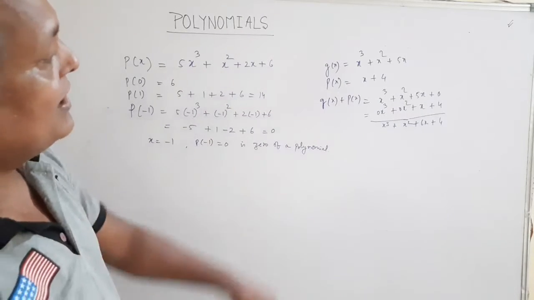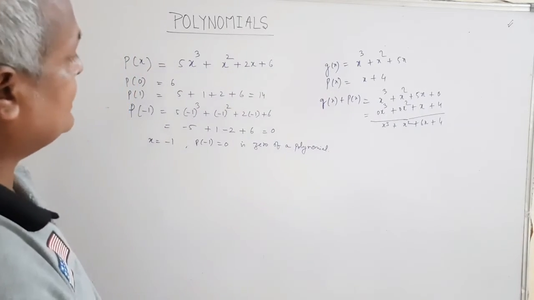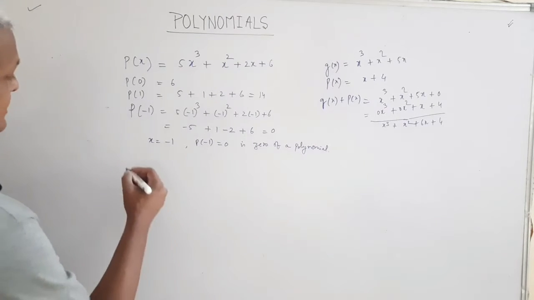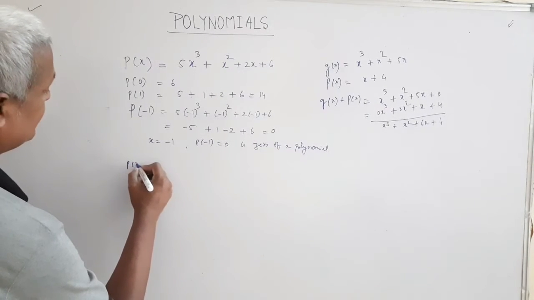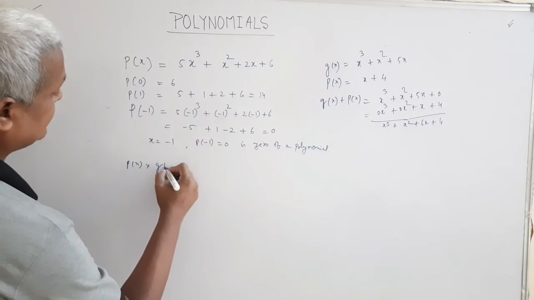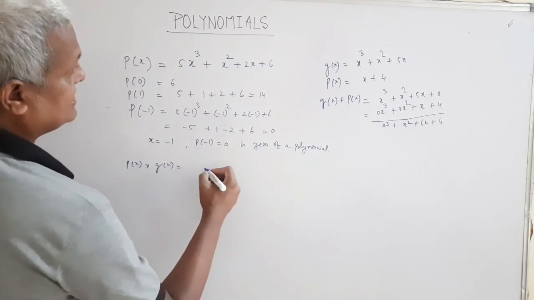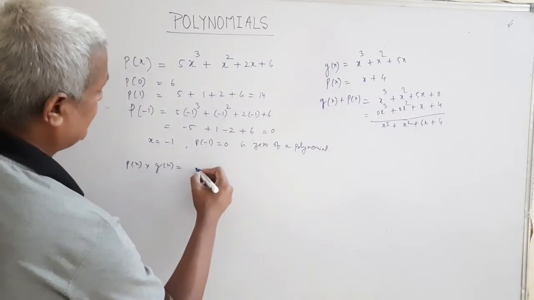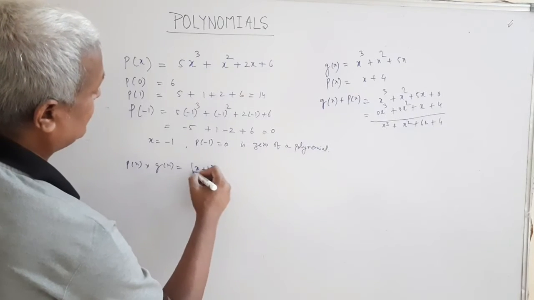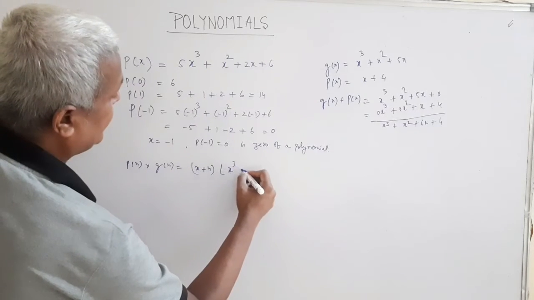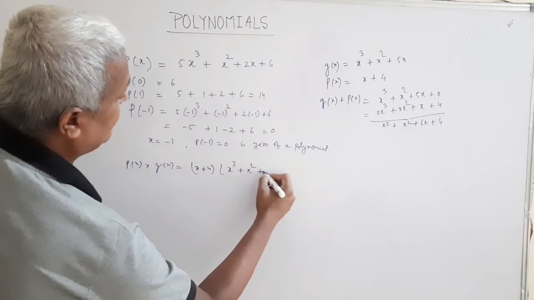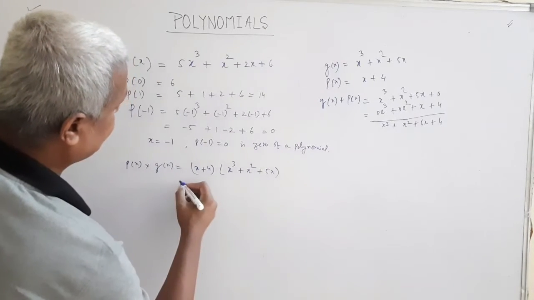And now if you want to multiply, suppose you want to find out the product of p(x) into z(x), you write the smaller one first. So I write x plus 4 times x cube plus x square plus 5x.